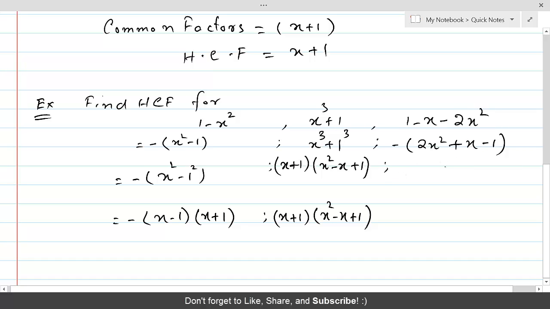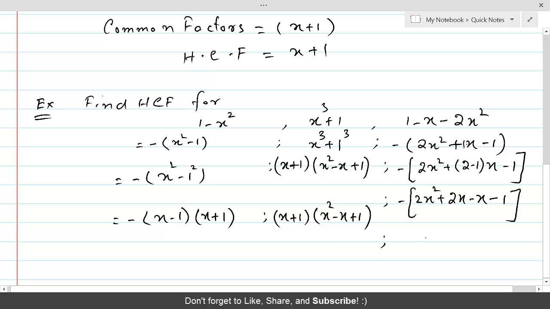Here we use the AC method to find the factors. Here we got 2x squared, and because a is 2, c is minus 1, the product AC is minus 2, so we have to find the factors of 2 whose difference is equal to the middle number 1, and those factors are 2 and 1. Therefore, this would be equal to 2x squared plus 2x minus x minus 1.